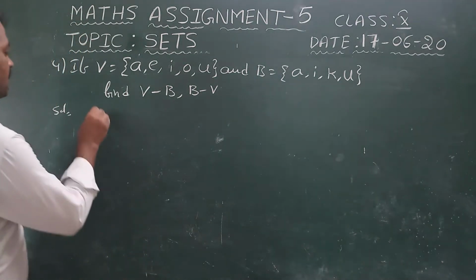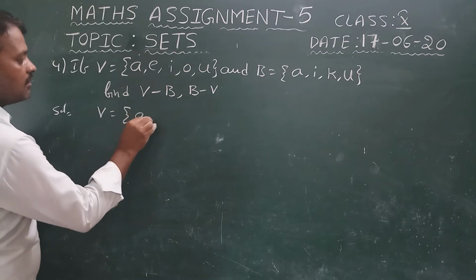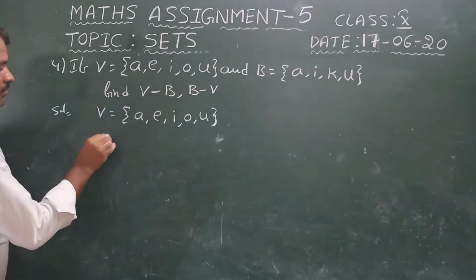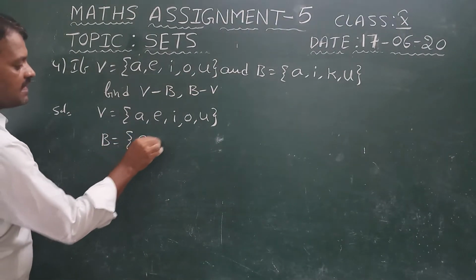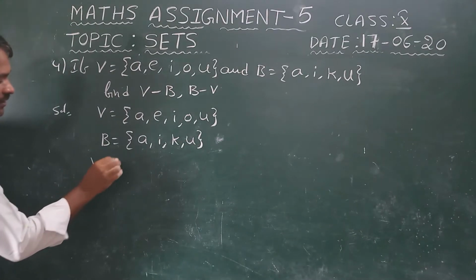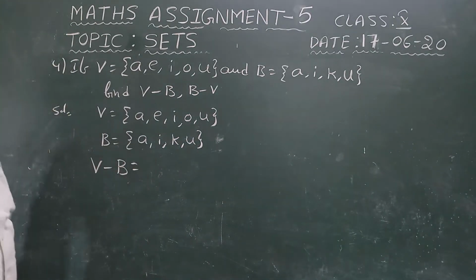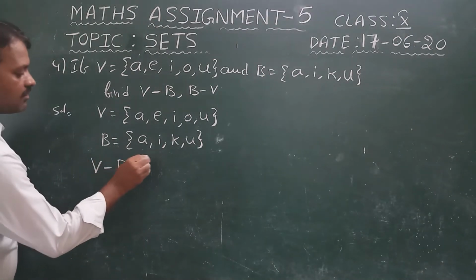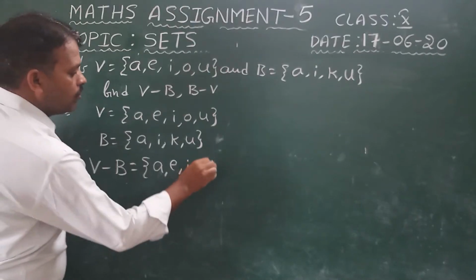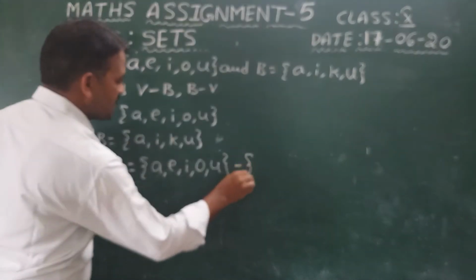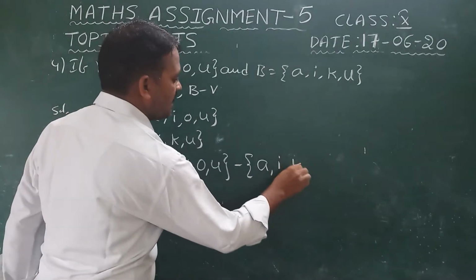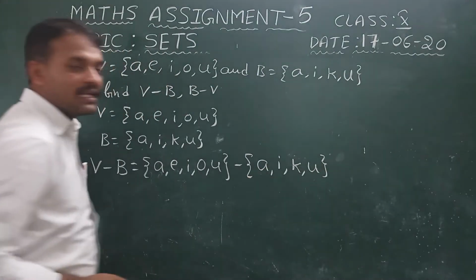Now here, the given V is equal to the set {A, E, I, O, U} and B is equal to the set {A, I, K, U}. Now I want to find V minus B. V is A, E, I, O, U minus B, which is A, I, K, U. What are the common elements?